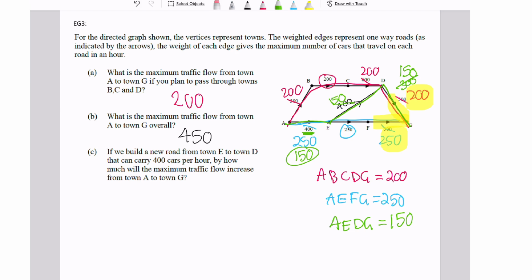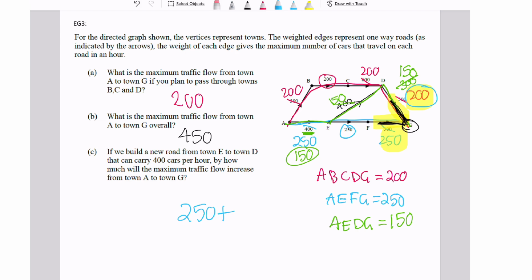Now, the question is asking by how much will the maximum traffic flow increase from A to E? So overall, how much will that increase? So all it's saying is, well, remember, your maximum flow, you're only ever adding together the two edges that are coming into the endpoint. So I'd be adding the blue 250, but I wouldn't be adding that with the original 200.